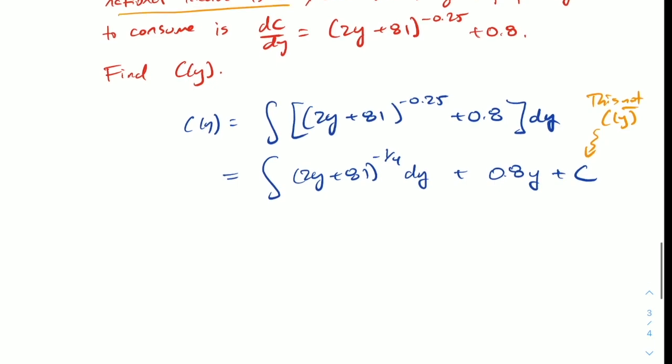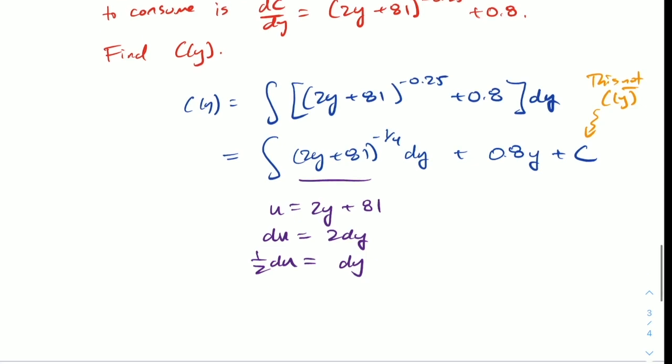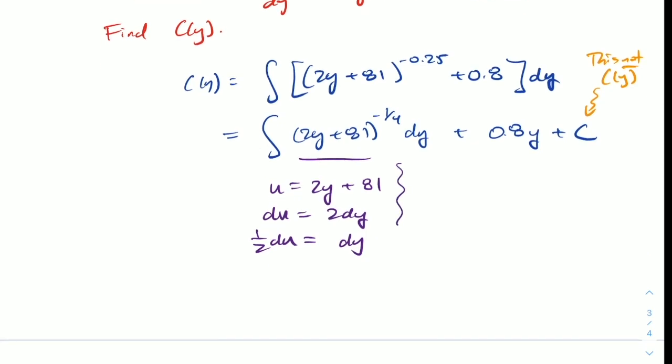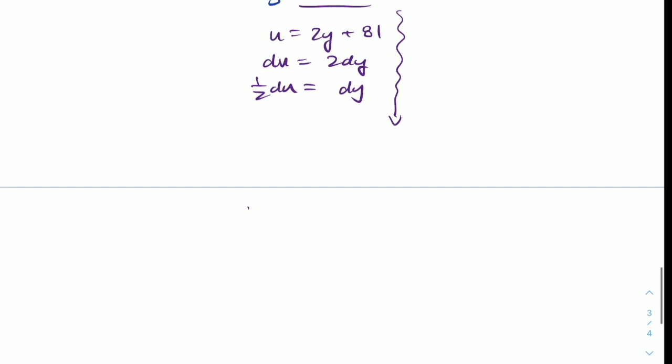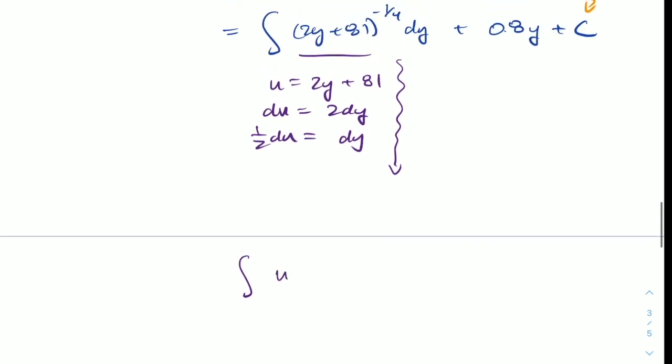All right, so now let's do u substitution. So u is going to be 2Y plus 81. du is going to be 2 dY, or equivalently dY is going to be 1/2 du. And then this integral will become the integral of u to the negative 1/4 times 1/2 du.